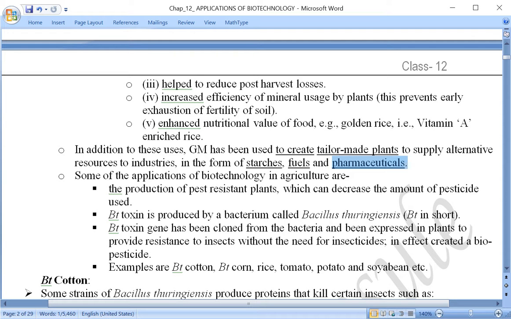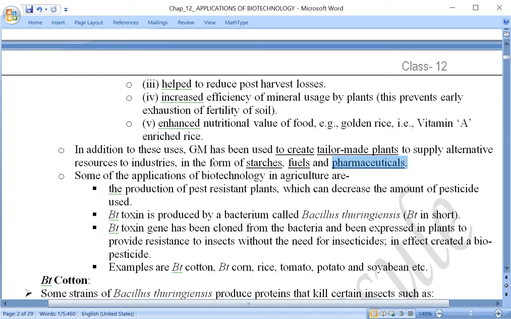Coming to the next one, some of the applications of biotechnology in agriculture are, a very good example here, the pesticide. You know about insects; we have discussed this in chapter 9 also. Some insects and pests attack plant parts like root, stem, leaves, flowers, fruits, even seeds.